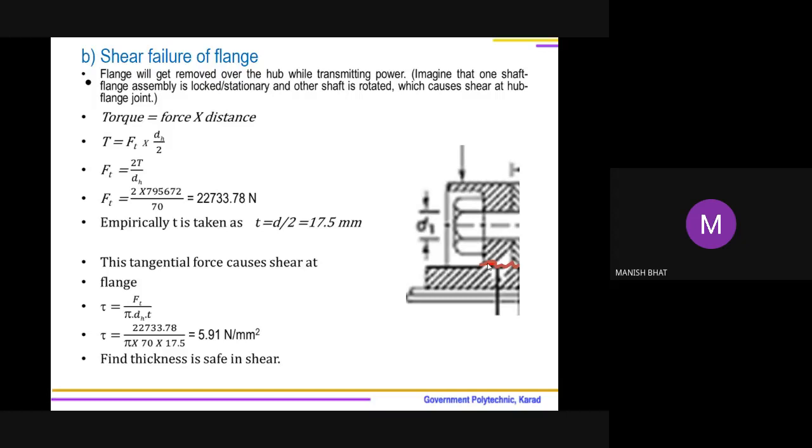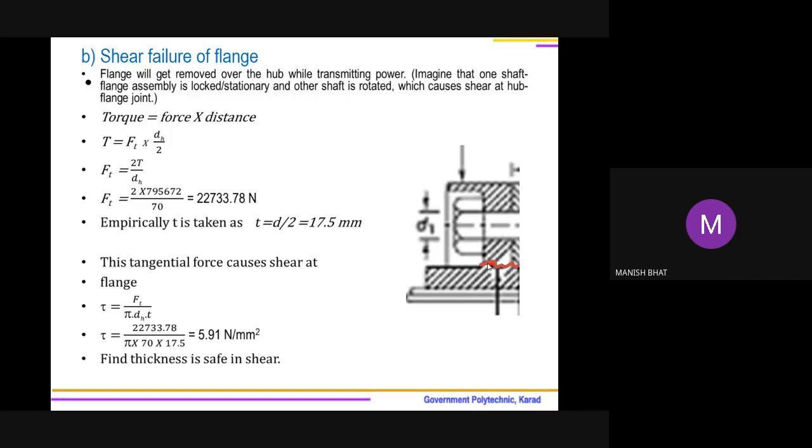So tau is equal to tangential force upon pi DH T. The shear stress comes out to be 5.91 Newton per mm square. It is less than 100 Newton per mm square. So the flange thickness we have chosen is safe, and overall the flange is safe in transverse shear.